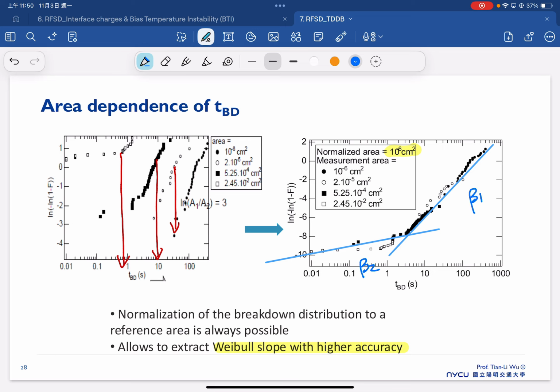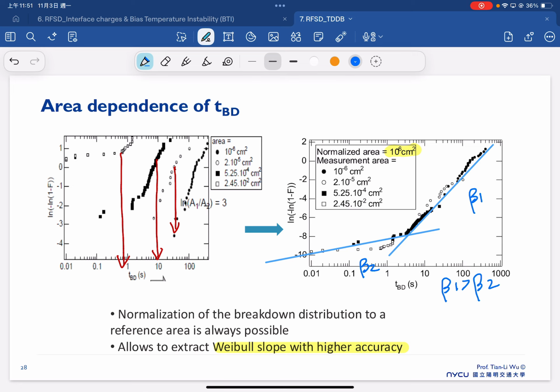We also found that beta 1 is larger than beta 2. As we previously mentioned, a different beta suggests a different breakdown mechanism. So we come back to the same understanding: if one does TDDB on a large area, and increases the area beyond a certain size, we will see a different breakdown mechanism compared to the smaller one.